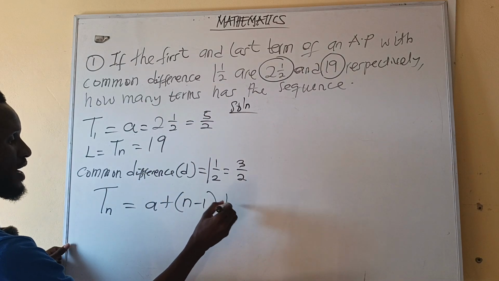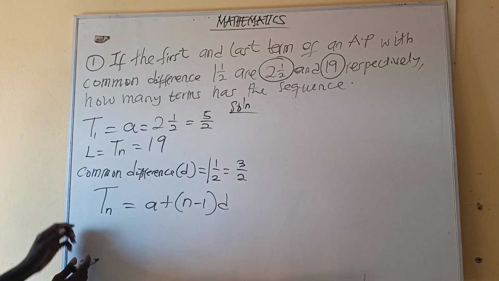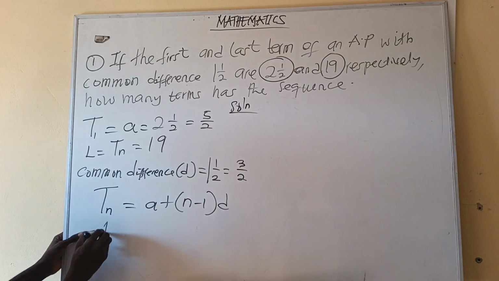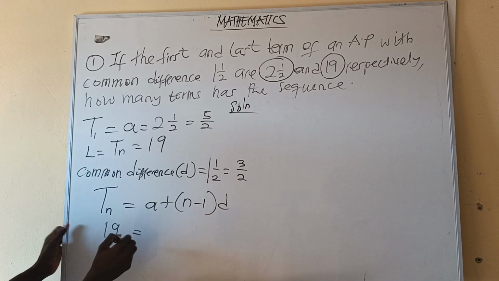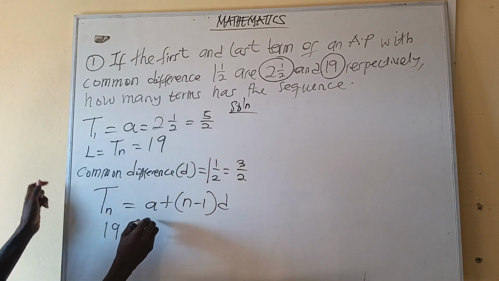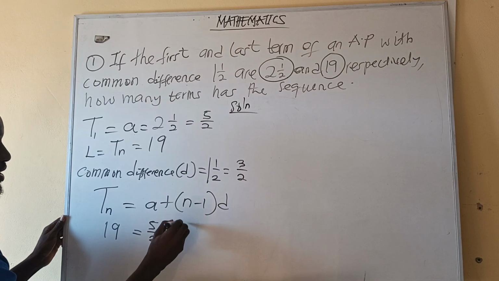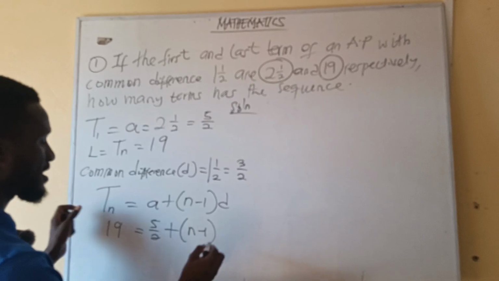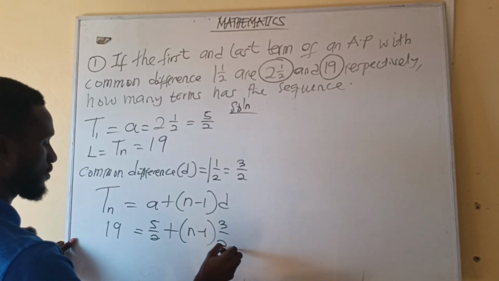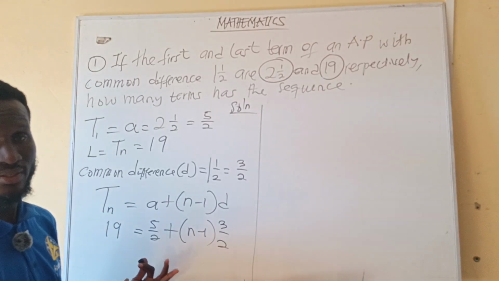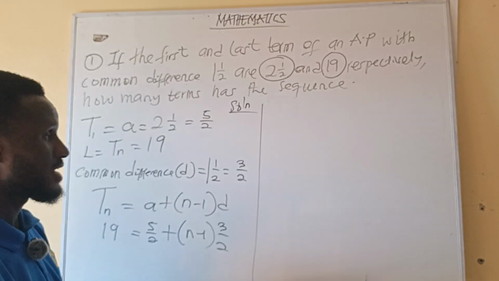The last term is 19, the first term A is 5/2, and the common difference is 3/2. You see that the thing is so simple.